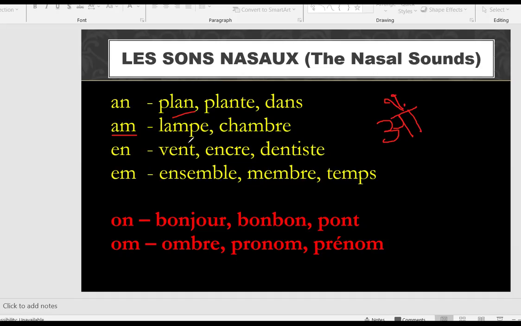Lamp. Then chambre, with br. Then vont, where T has to be silent.